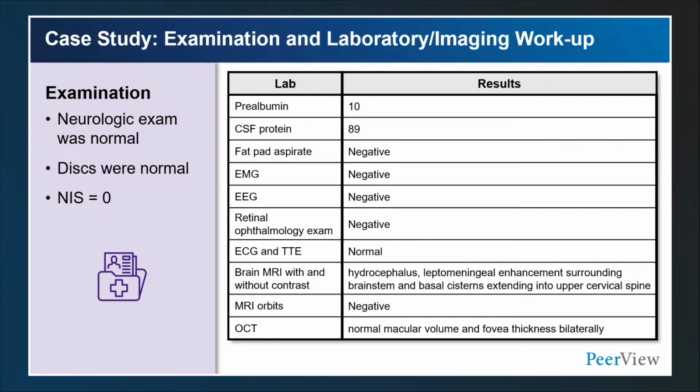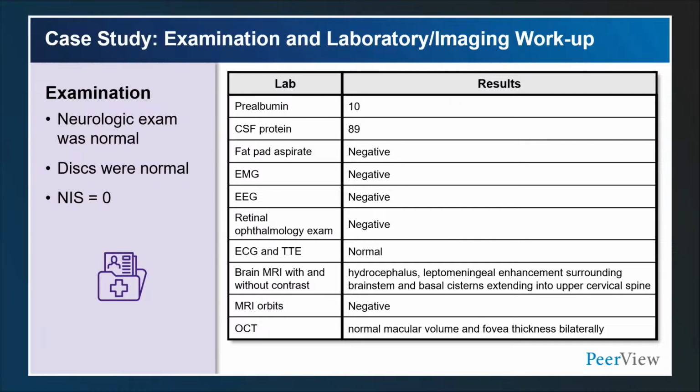He had a negative fat pad, negative EMG, negative EEG, a retinal ophthalmology exam that was negative, EKG and TTE, which were normal, and ultimately brain MRI with and without contrast that demonstrated hydrocephalus, leptomeningeal enhancement around the brainstem, extending into the cervical spine. His MRI orbits were normal, and his OCTs demonstrated normal macular volume and fovea thickness.